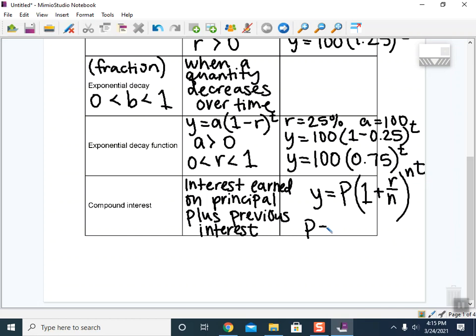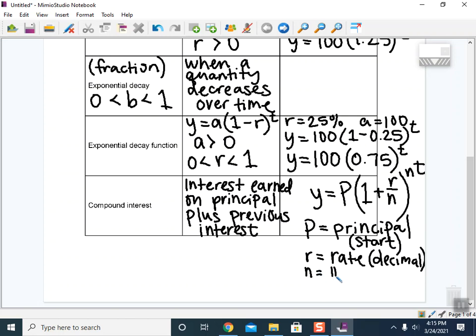So principal is our P. That's what I'm starting with. R is our rate as a decimal. Then we have this new one now, n.